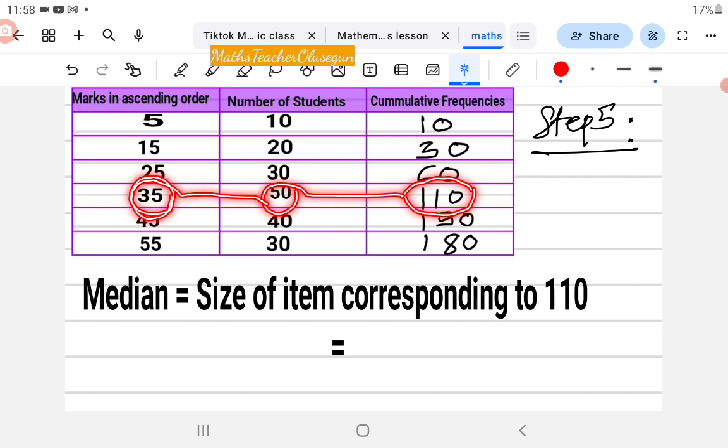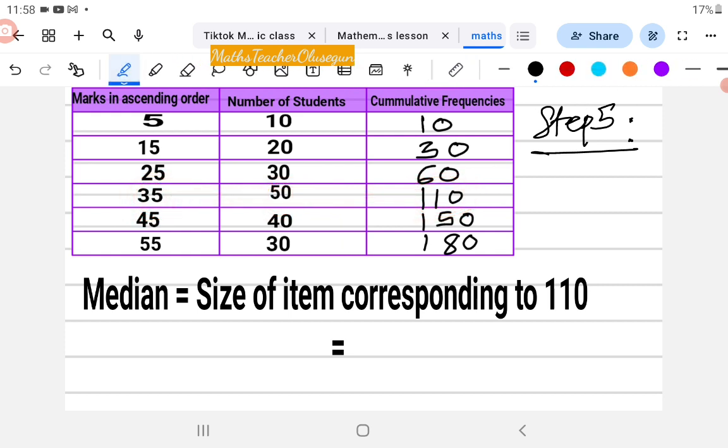You correspond the 110 to the item. So the final answer, which is the median of this problem, is 35. So 35 is now the answer.